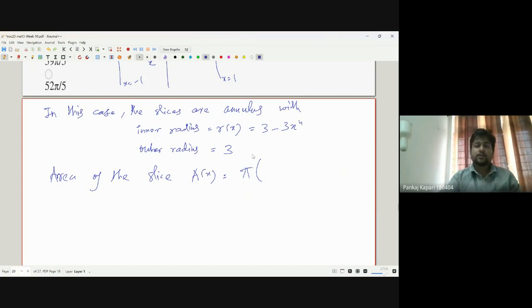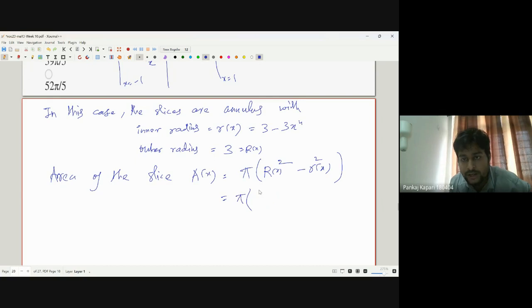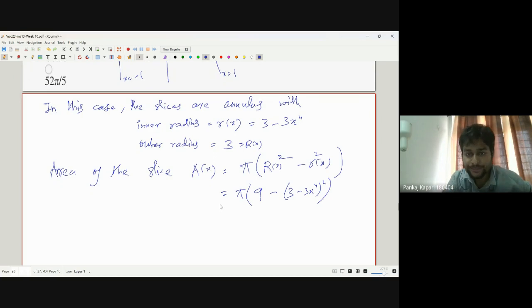The area of the slice will be outer radius square, this capital R, minus inner radius square, right? We have to first take the square so that we get the area, and then we have to subtract, not the radius. So it will be pi times, what will be the square of 3? It's 9. And then we have (3 minus 3x to the power 4) whole square. So this will be the area.